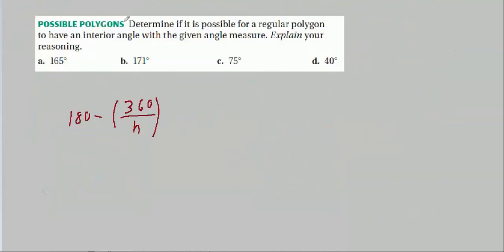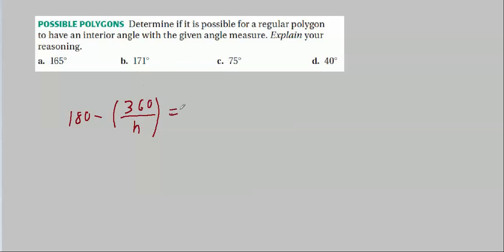So, our equation for determining an interior angle is 360 over the number of sides, and we subtract that from 180. And the question is, do any of these numbers work? Who knows? Would it do any good to rewrite this?